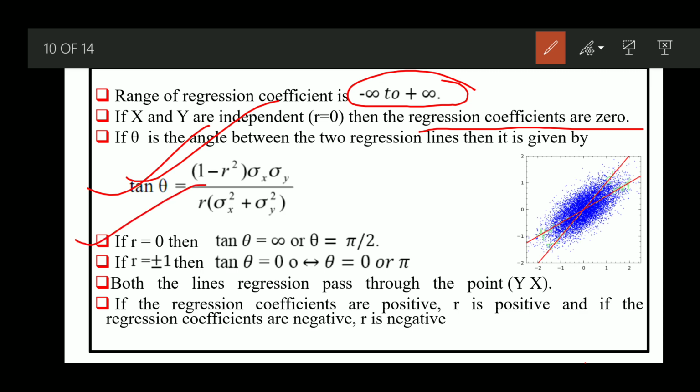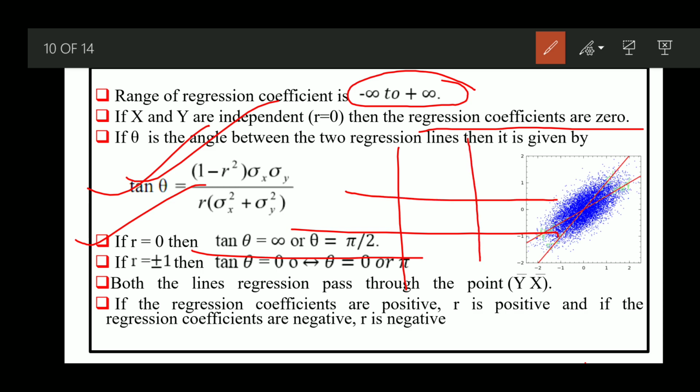If your correlation coefficient is 0, then tan theta will be equal to infinity, or we can say the angle between the two regression lines will be 90 degrees, that is pi by 2. What I am saying is, if your two variables are independent, then r will be equal to 0, and the two regression lines are perpendicular to each other.